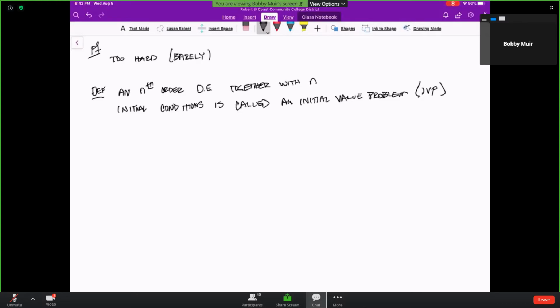And then he does some definitions. Now, in the first section, about all that he's asking you to do is verify certain things, like verify that this is a solution to the differential equation. So if you need practice taking derivatives and so on, you can do that. 9.1 is the intro.